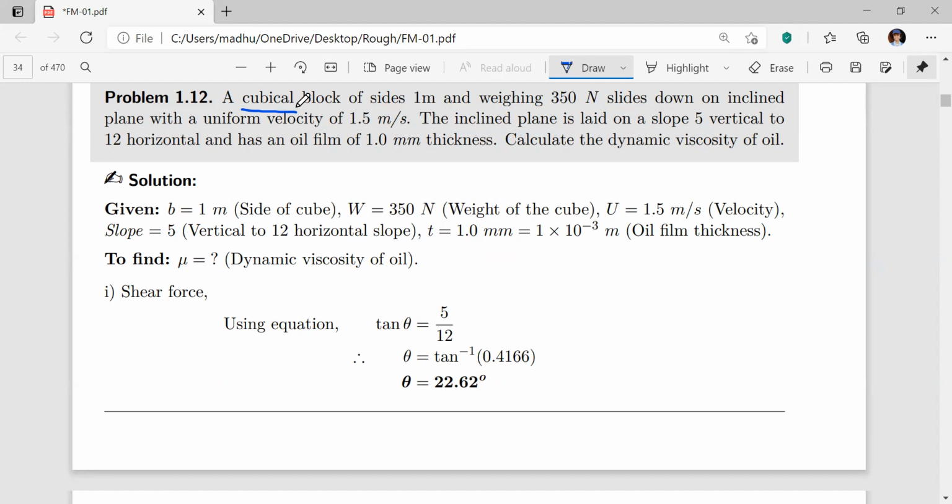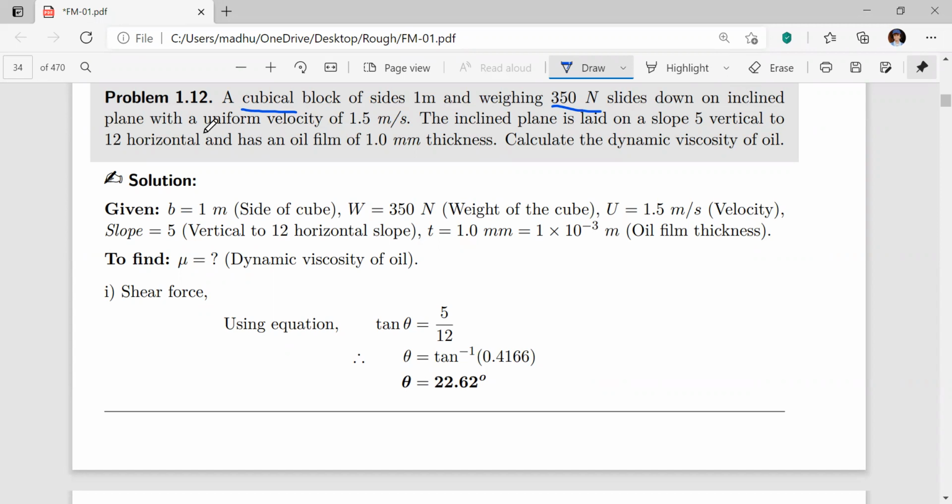Cube means it is a prism which has 6 identical faces, all the faces are square, of 1 meter sides, weighs 350 Newton. I don't know which material it is made of, but it weighs 350 Newton.